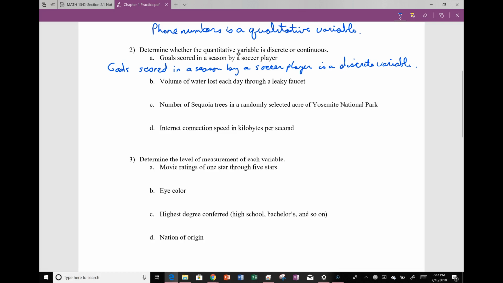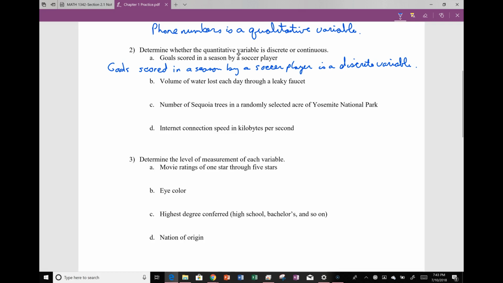Yes, it is measured, and it can be anything between 3 ounces and 4 ounces. It doesn't have to be 3 or 4. Now let me caution you, because some of our measuring apparatuses have to be at 3 or 4 ounces, but it doesn't actually mean that it is only 3 or 4. If we got a more precise measuring device, then it could be anything in between.